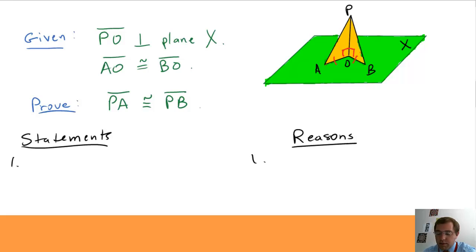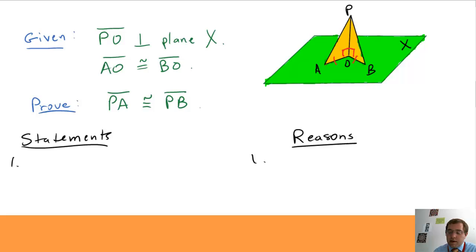I want to show that PA is congruent to PB. My strategy will be similar to the one on the last proof, which is to come up with congruent triangles, and then I know PA and PB are corresponding parts of those congruent triangles, and so they would be congruent. If I'm going to come up with congruent triangles, I'm almost there. I have one set of sides, AO and OB.